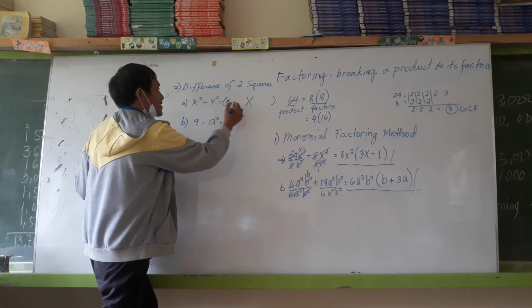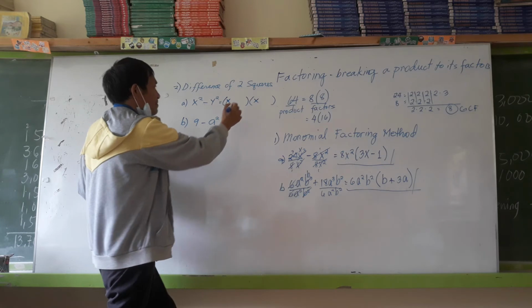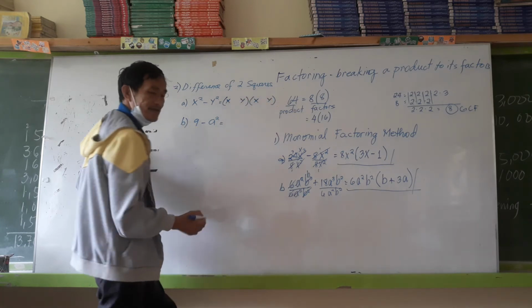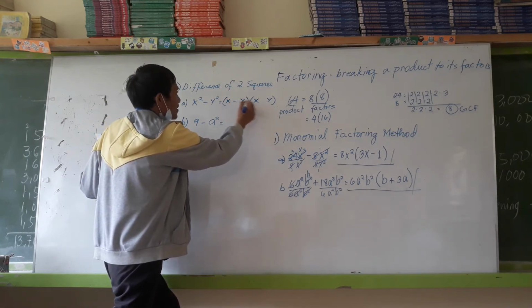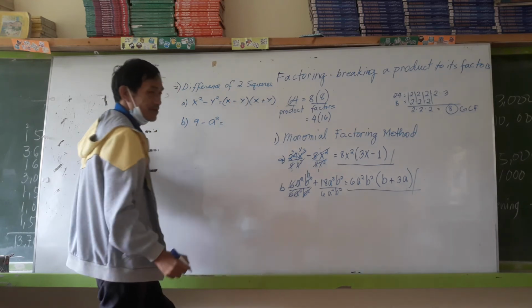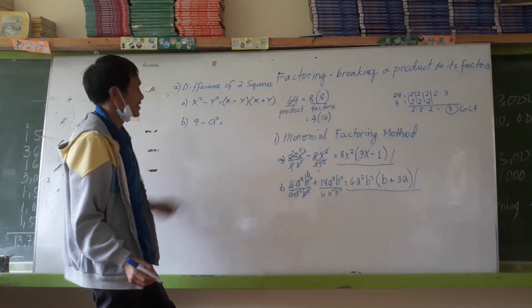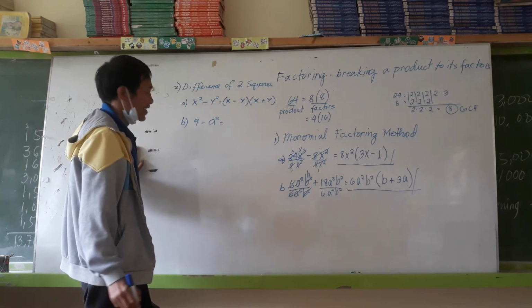That is x squared, and the square root is x and x. The square root of the second term, that is y and y. Then alternate their signs. Okay? Minus, plus. Or it could be interchanged. Plus, minus. There. So these are already the factors of this product.